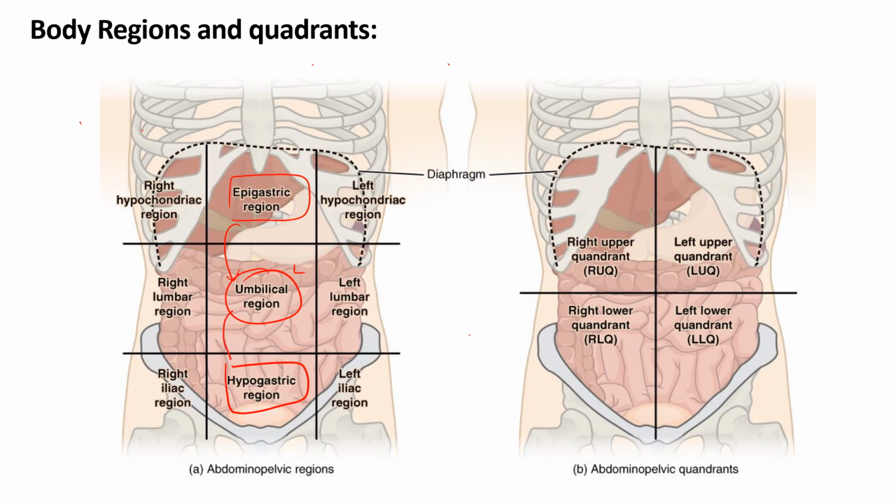Below the umbilical region, we have the hypogastric. So be careful with that one, because I just told you that hypo means below, like hypochondriac, but here's kind of the exception. Hypogastric region means below the stomach. It should say hypoumbilical region. It would make more sense, but it is what it is. So the hypogastric region is below the umbilical region.